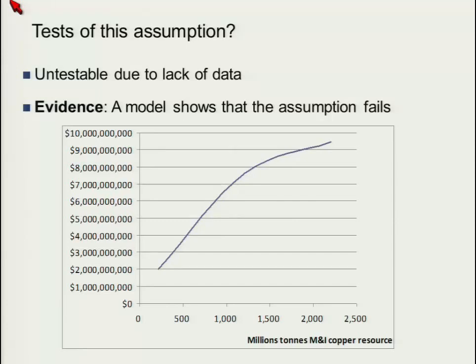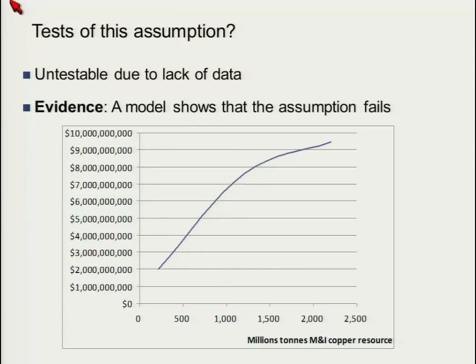So what I did is I gave an engineer a task. He's a design engineer for mining. I said, can you calculate in a model value versus size for a copper asset? I want you to keep everything else the same. Just take the ore body and start expanding it and recalculate the value every time you expand it.